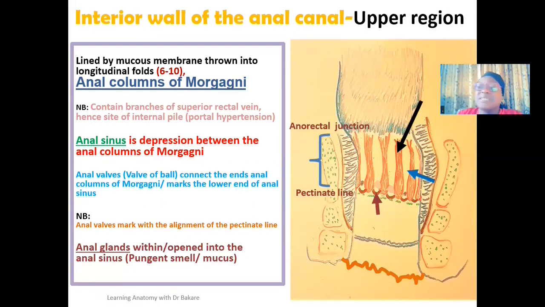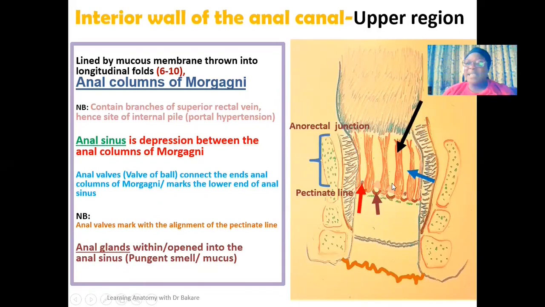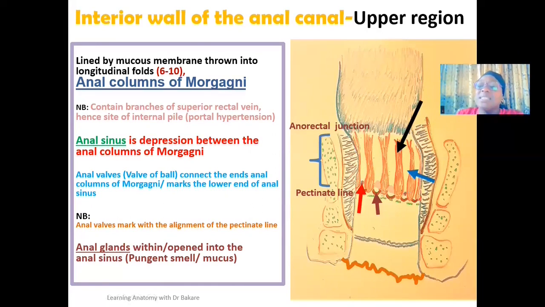It also secretes mucus that helps to lubricate the internal wall of the anal canal. This is the anal gland here, arrowed in red. We have one on this side and another one on the other side. The anal glands are seen within the anal sinuses, and this is also where they open their secretions into. Through this, it is able to flow within the internal wall of the anal canal.